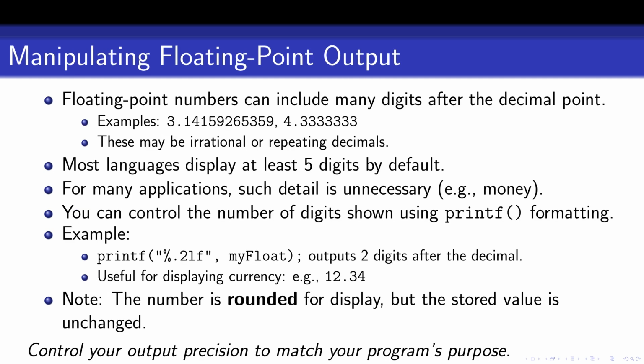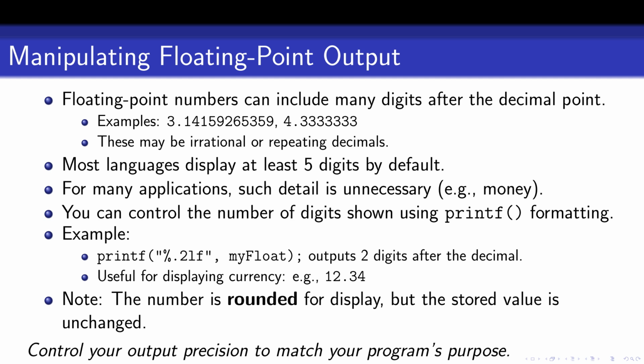Floating point numbers often have a lot of digits after the decimal point, and while that can be useful for precision, it's usually more detail than you need in everyday output. For example, you may only want to show 2 decimal places, especially if you're displaying something like a dollar amount or a measurement. C allows you to control this using a format string in printf.